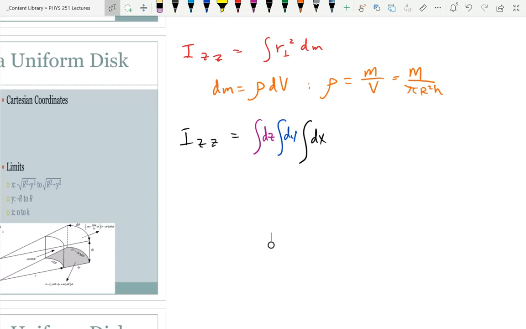And then I have to put what my integrand is. So my integrand is r perpendicular squared. R perpendicular was the square root of x squared plus y squared. But since it's perpendicular squared, I get rid of that square root sign. Rho. And then the dV, I already had those combined as the dV.